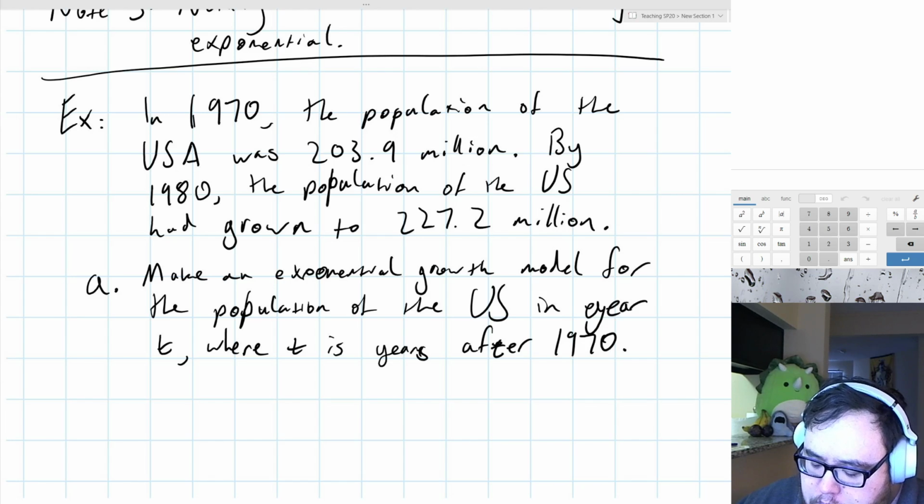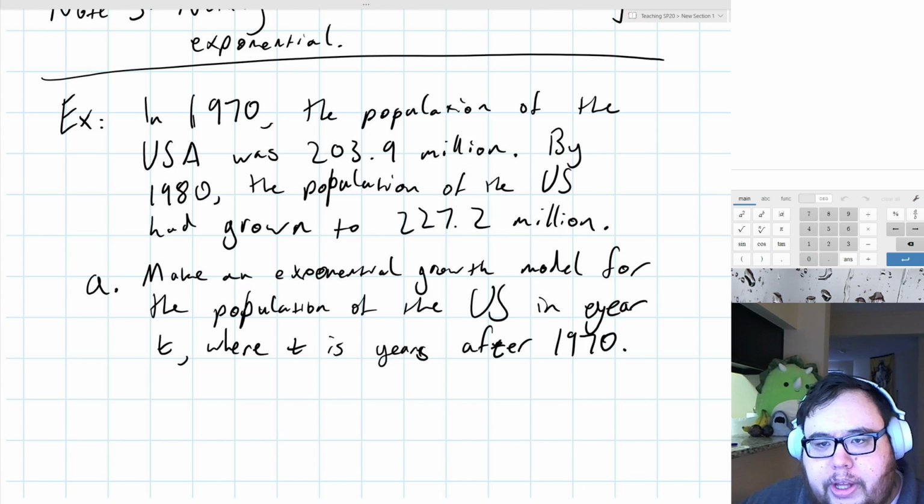Another quick note about exponential growth models is that, much like linear models, if you have any 2 points, you can make a line, right? And it's a unique line. The same thing is true for exponential growth models and exponential decay models. If you have 2 points, there's a unique exponential model that fits those 2 points.